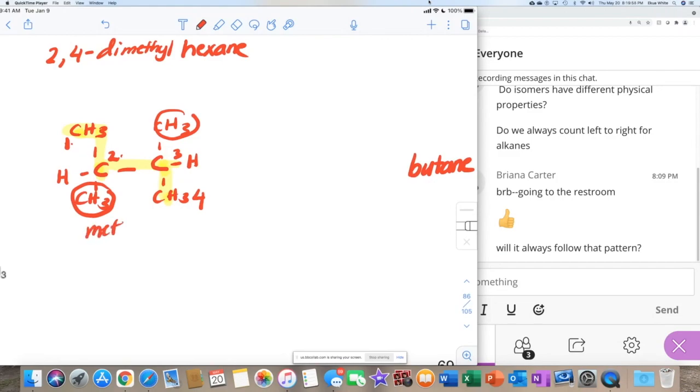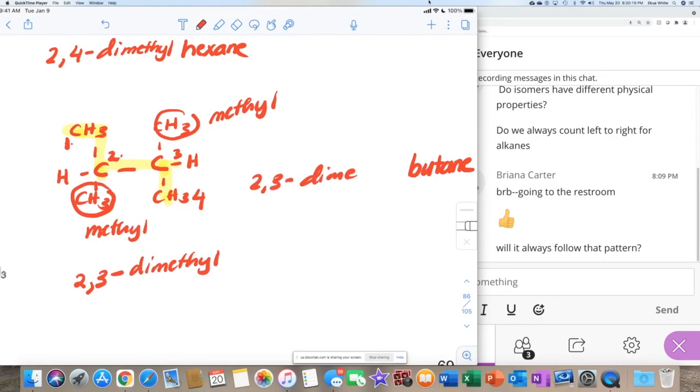This is called methyl, and this is called methyl, and there's 2 of them. So when I consolidate the name, I get dimethyl. What position are they on though? Carbon 2 and 3. So I can put this over here: 2,3-dimethyl butane.